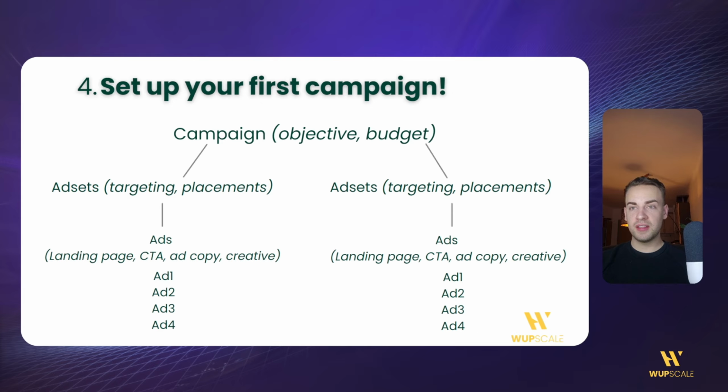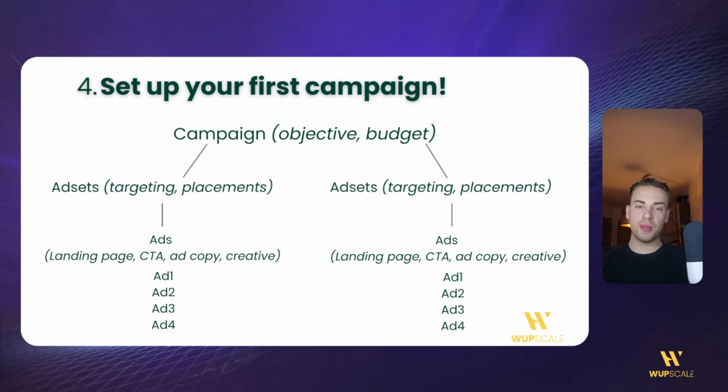On the ad sets, you can have multiple ad sets inside a campaign. On the ad set, you can set the targeting, the age, the gender, the target country, what placements you want to use. Maybe you just want to use Facebook, maybe you just want to use Instagram, and maybe you use Advantage Plus with all the platforms and placements available on Meta.